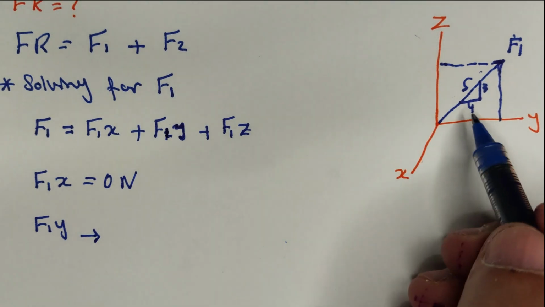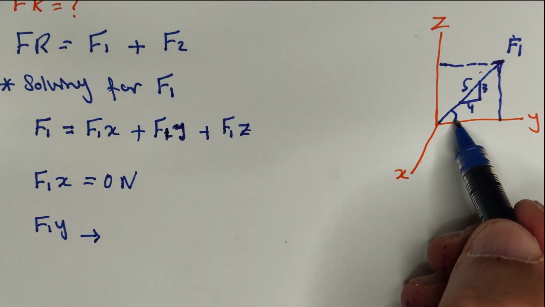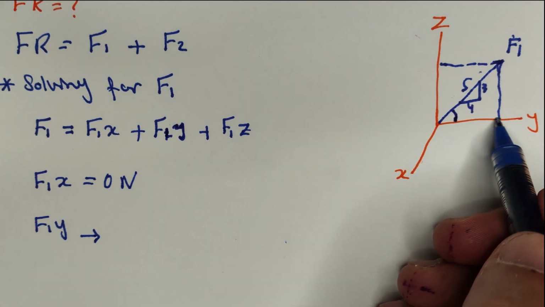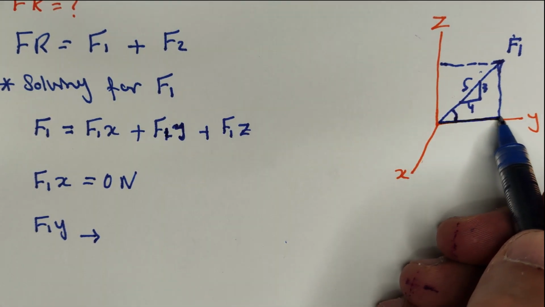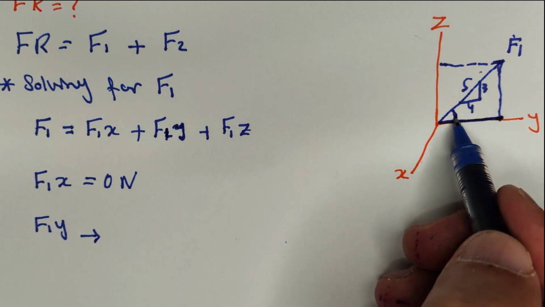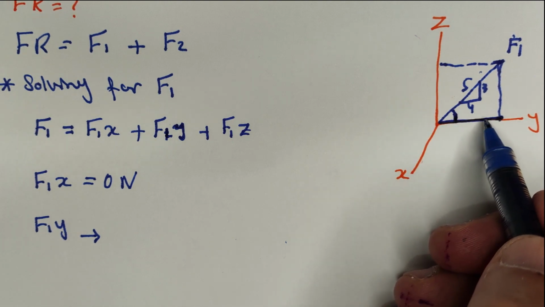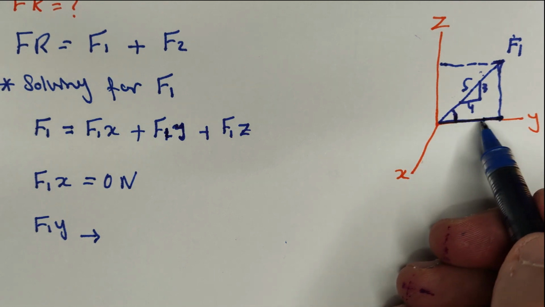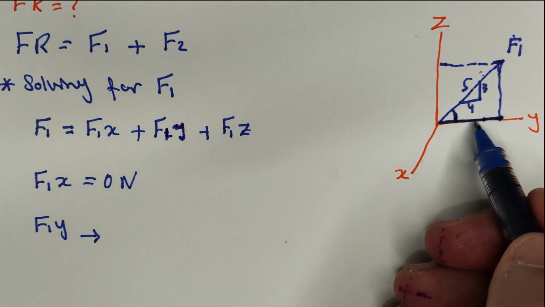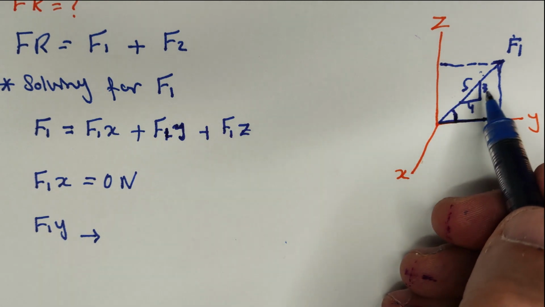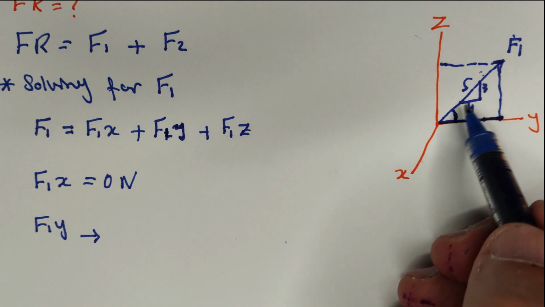What about F1 on the Y direction? In this case, if we have theta in here, we can say cos theta equals the adjacent over the hypotenuse, and we're trying to find this component, F1 on the Y direction. However, we don't have theta, but we've been given this similar triangle information.